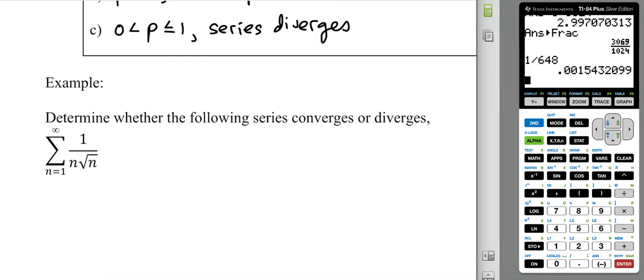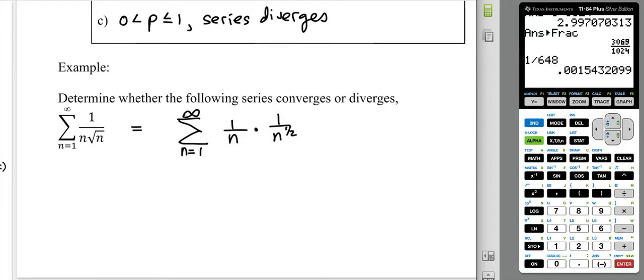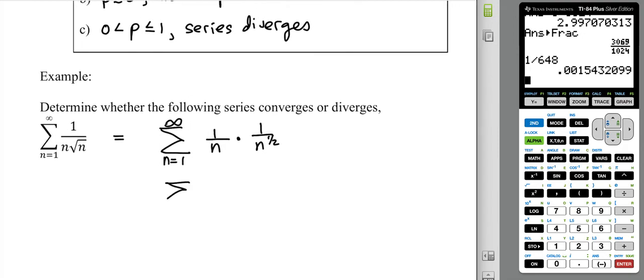We can apply that by determining whether we're dealing with a p-series from the word go. So a little algebraic manipulation goes a long way. 1 over n times 1 over n to the 1/2 would be 1 over n to the 3/2.